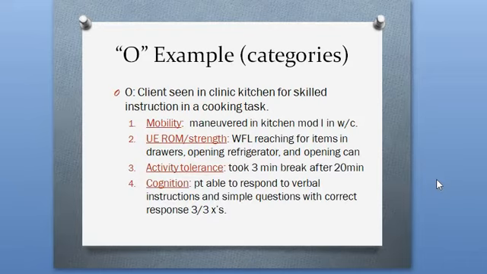Think about that. And with the cognition, patient is able to respond to verbal instructions and simple instructions with correct response 3 out of 3 times. Same thing. So they're saying that the upper extremity range of motion, strength, and cognition was within functional limits and didn't need any assistance for this task.